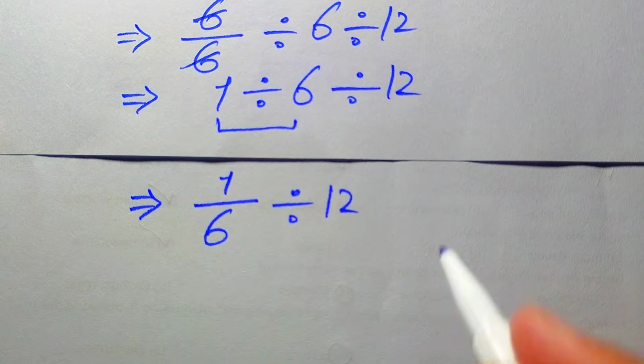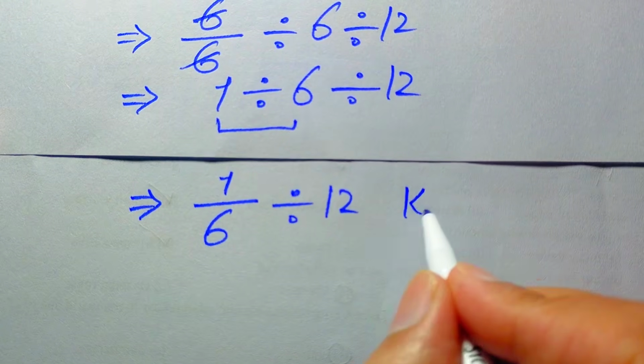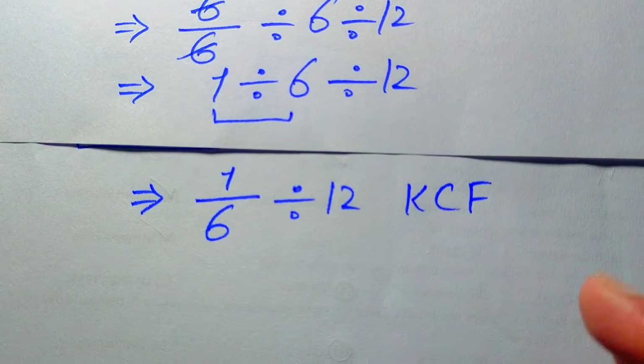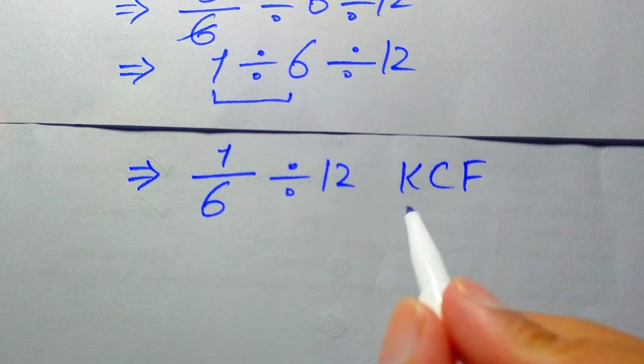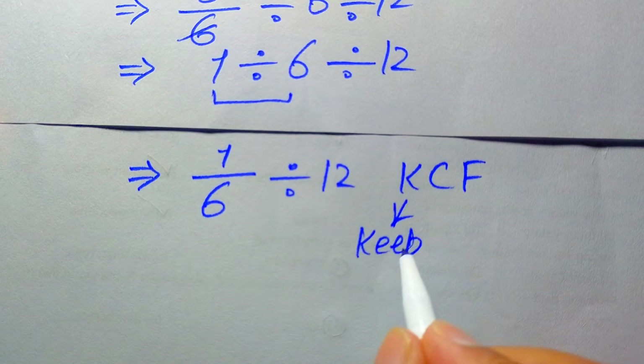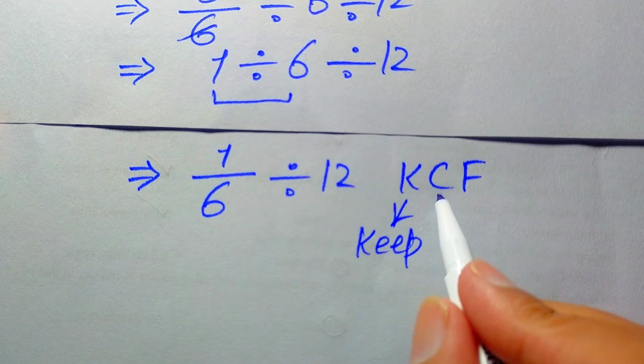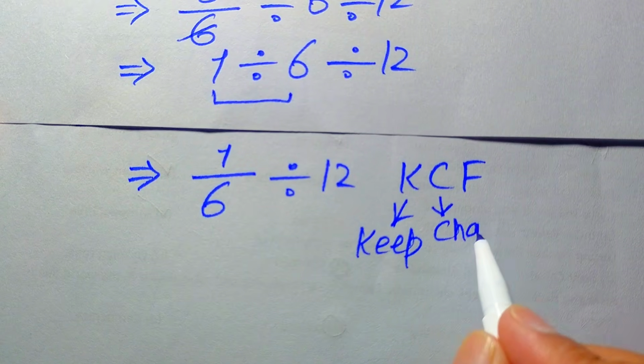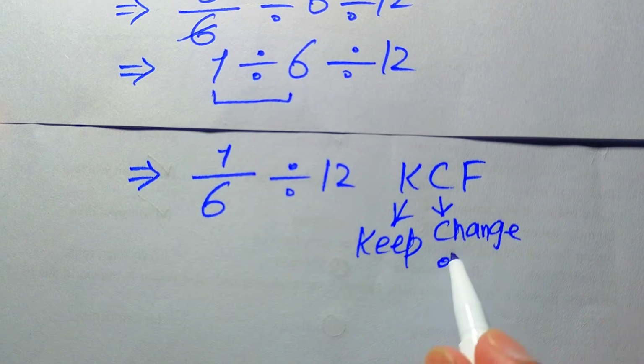So here we use the KCF rule, and you very well know about the KCF rule. K stands for keep. It means that we keep the first term as it is. C stands for change the operation.